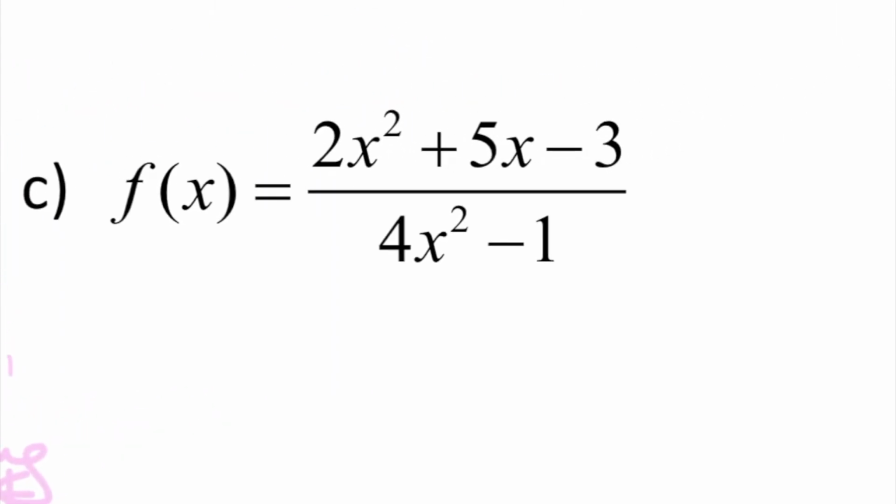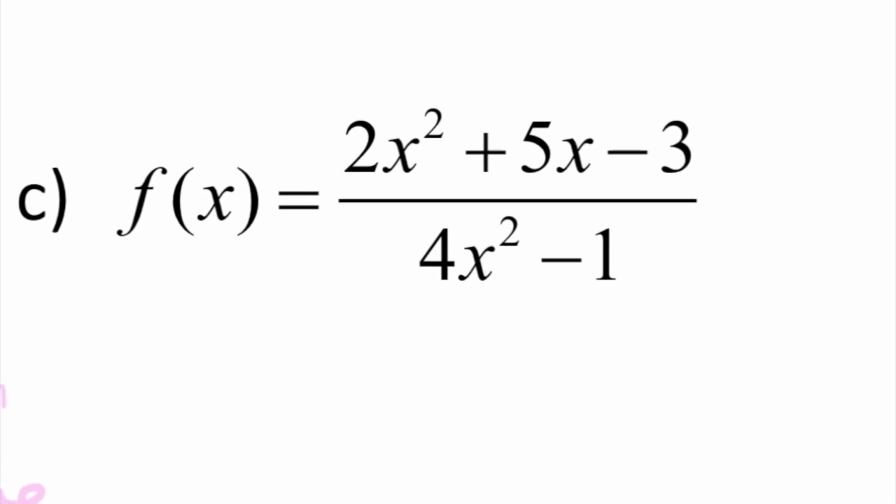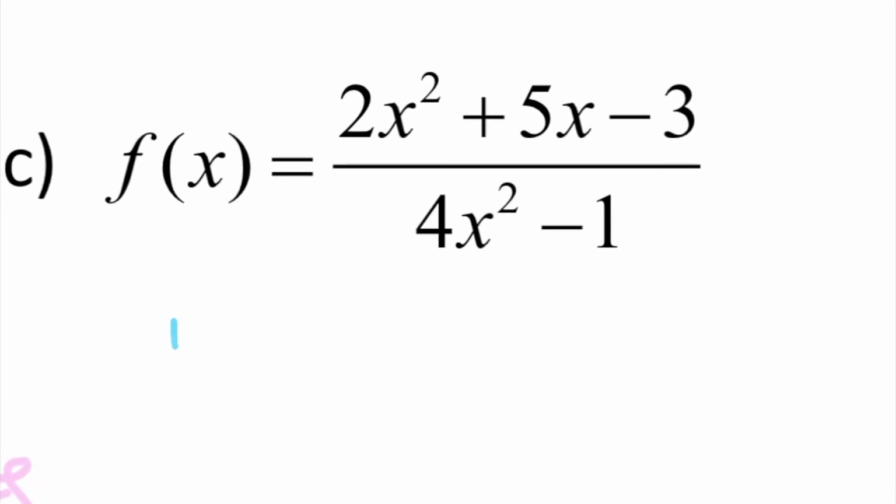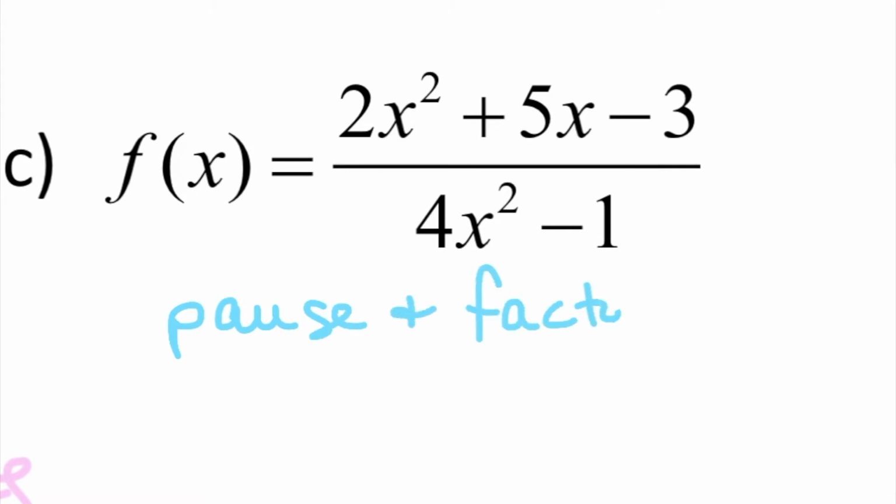Now in letter C, I'm going to ask that you pause the video, pause and factor, and both the numerator and denominator can be factored. So pause and factor, pause and factor.